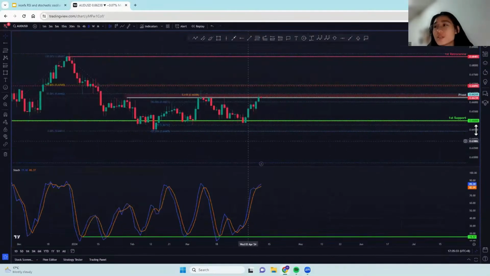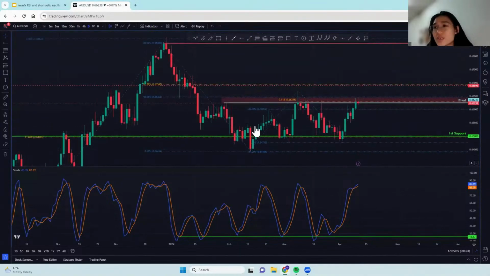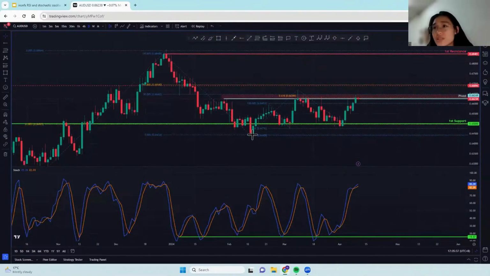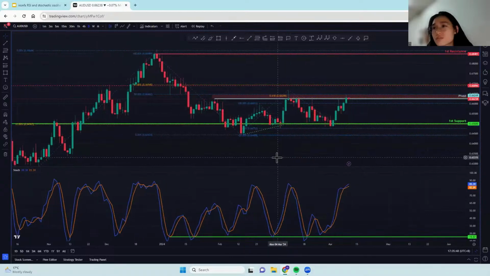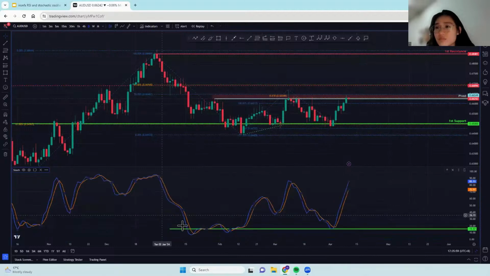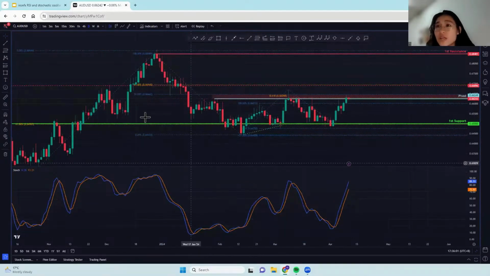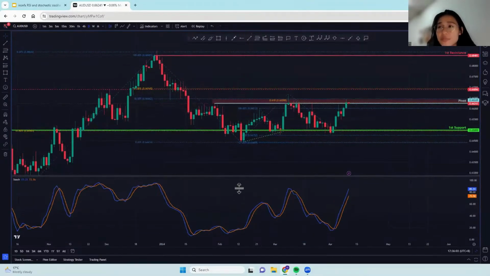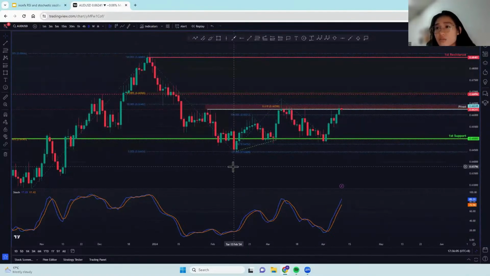Okay, so basically when price is making a higher high like we see here, okay, just a second. I might change this back to 21. Okay, reason being my time frame is daily time frame.